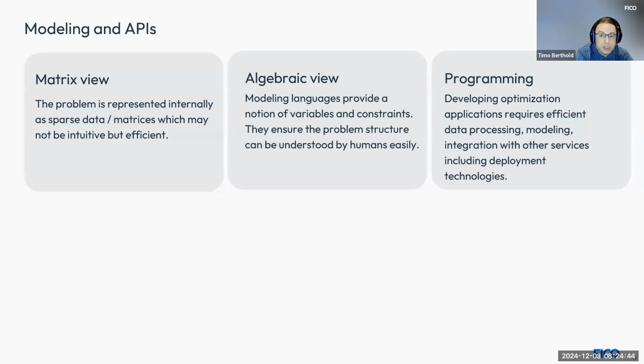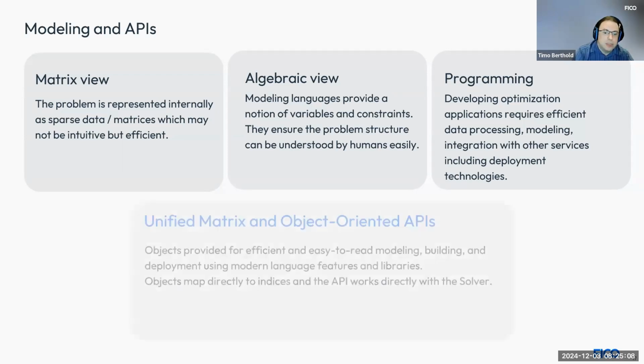While the matrix view is highly efficient for computations and memory usage, which is what I, as a developer, like to do, it's normally less intuitive for modelers. Conversely, the algebraic view is much more human readable, which is nice and makes your models easier to maintain, but it's less efficient in terms of speed and memory consumption.